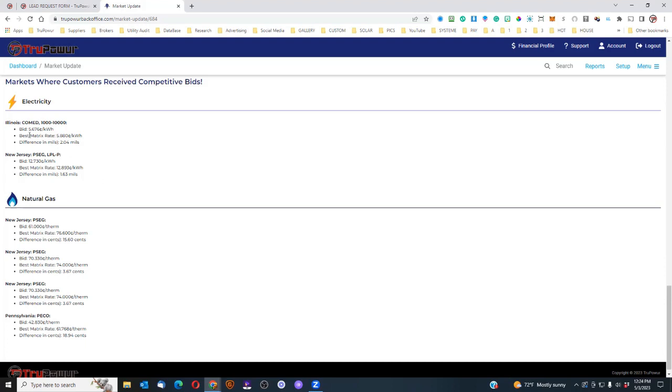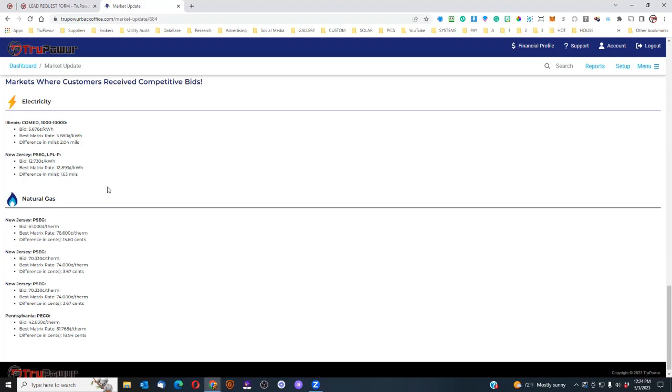So for Illinois Electric and for New Jersey Electric, if you look at the best matrix rate, and then you look at what we were actually able to offer them, it saved them 1.63 mils, which is significant. That's 1.6 cents. And when we're talking about being able to offer the customer a much better position, that can add up, especially if it's sizable.